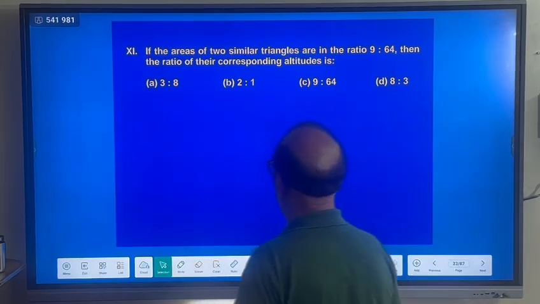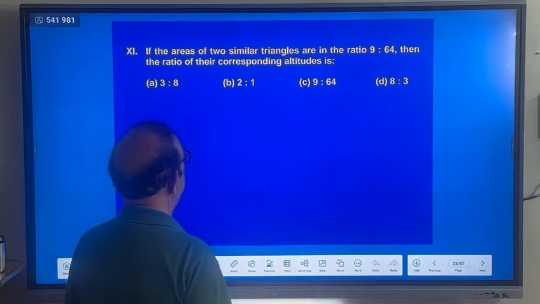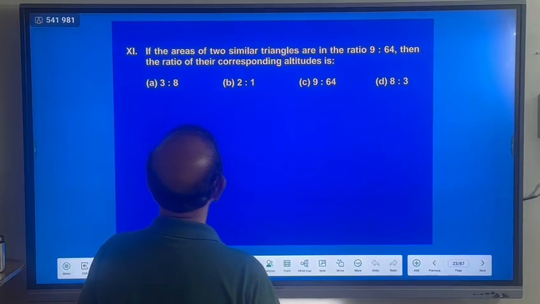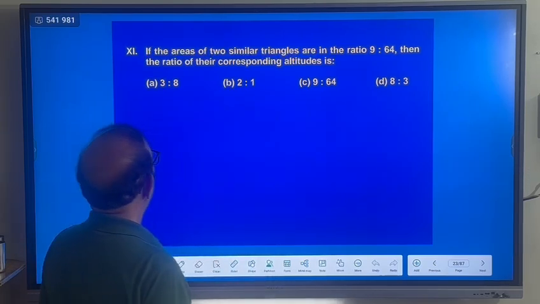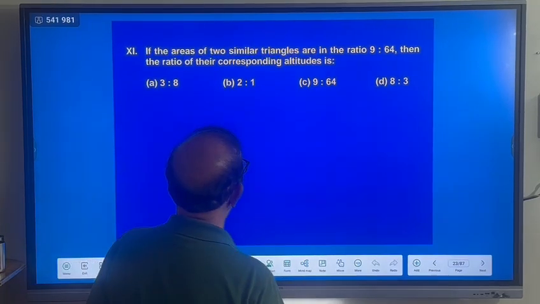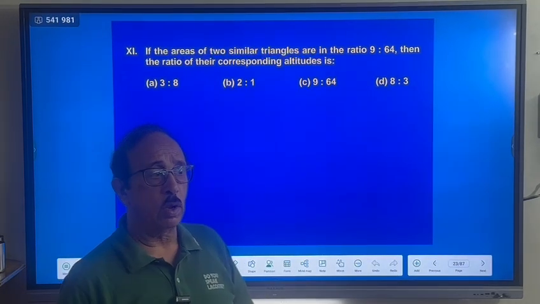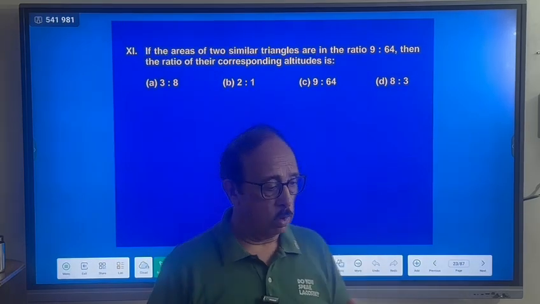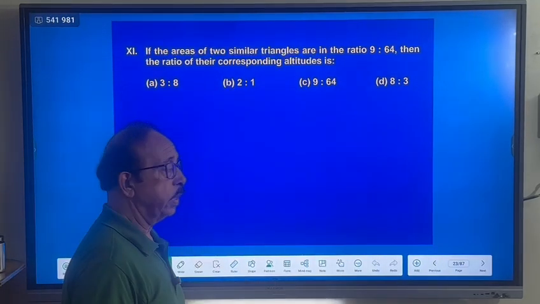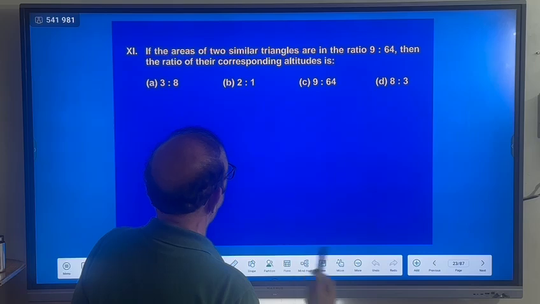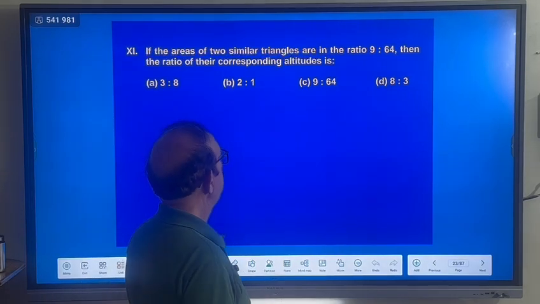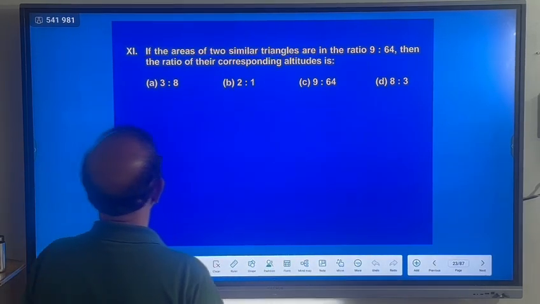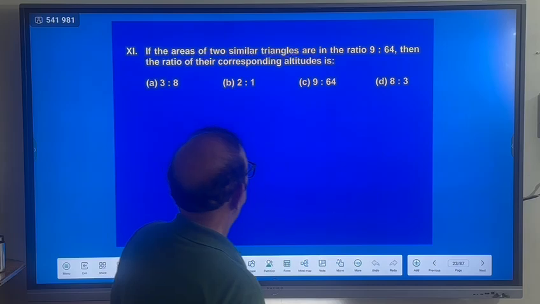Now this is a question on similar triangles. Similar triangles have some properties. The ratio of the areas of two similar triangles is the same as the ratio of the squares of the corresponding medians or altitudes or angle bisectors and the corresponding sides.